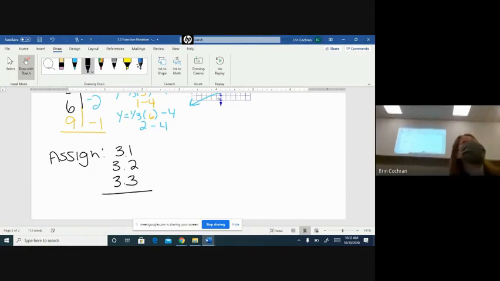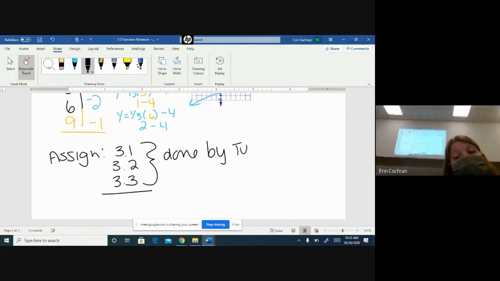Right now, 3.2 is assigned to you, but I will change those dates. Do not worry about 3.4. This is your homework. It needs to be done by Tuesday. We have a quiz on Tuesday over these 3 lessons.